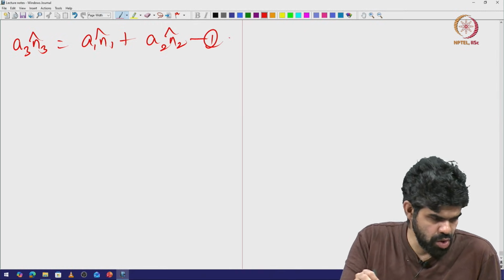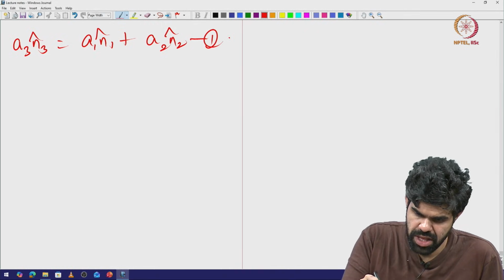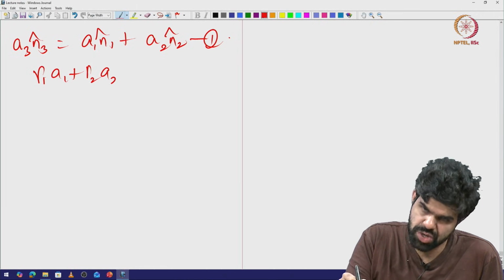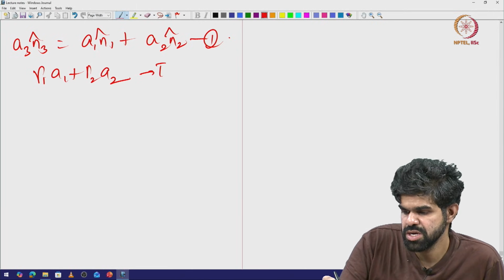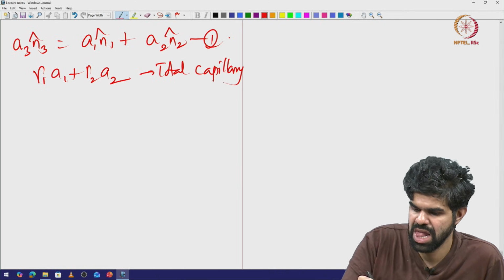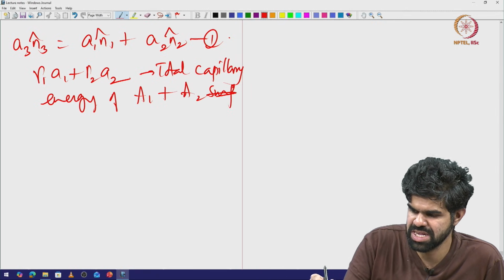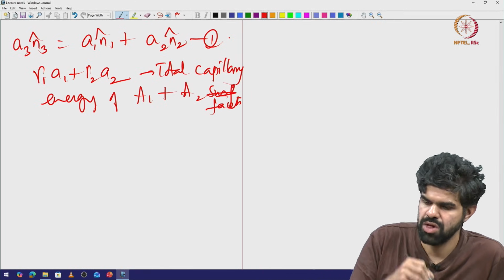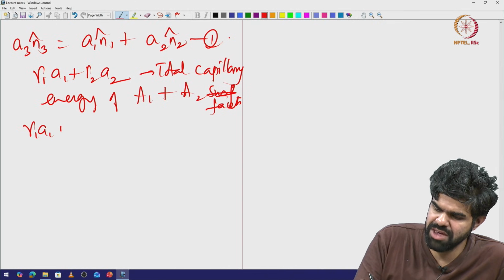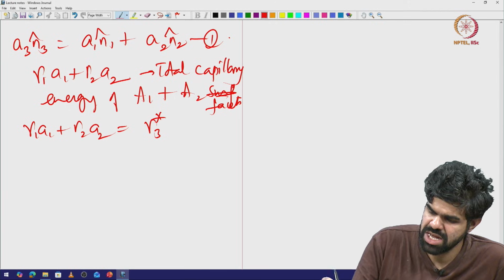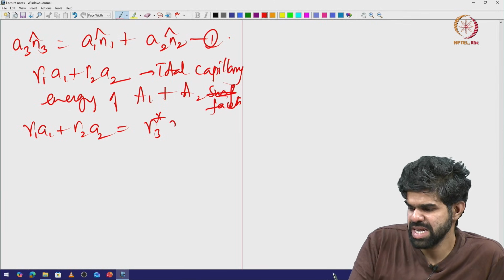Then, gamma 1 A1 plus gamma 2 A2 is the total capillary energy of the A1 plus A2 facets. So, I am going to call gamma 1 A1 plus gamma 2 A2 some gamma 3 star times A3.